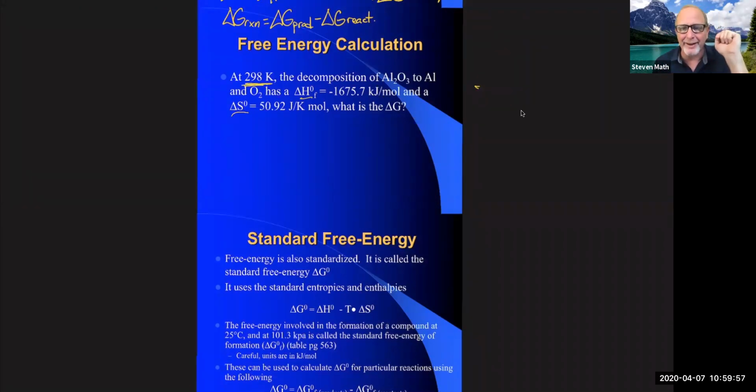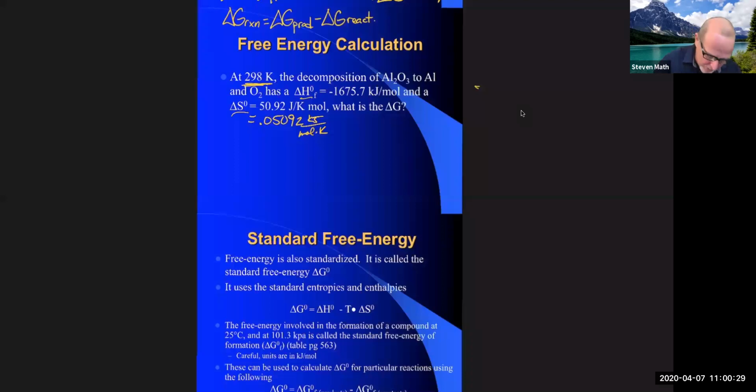But before we do that, we have to convert joules to kilojoules. So that S is equal to 0.05092 kilojoules per mole Kelvin. All I did was divide that value by 1,000 to go from joules to kilojoules. Now I've got everybody in the same units.